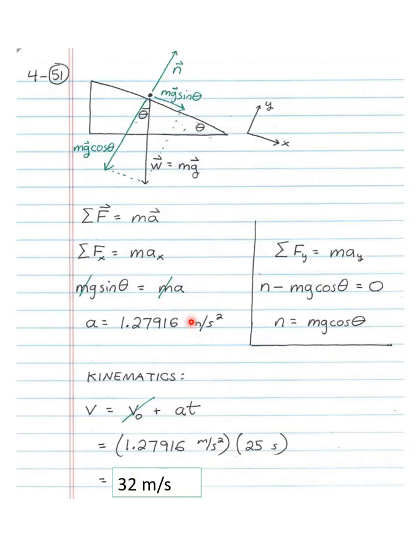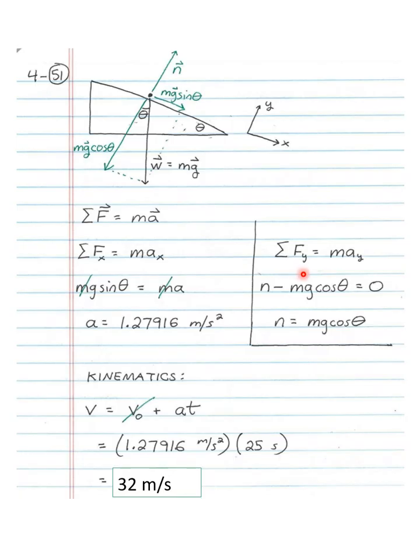Now, by the way, it's not going to be relevant to solving this problem, but you should remember that any vector equation is a bunch of scalars rolled into one. And so let's do F equals ma in the y direction. Again, you've seen this in class, but just to see where it takes us. In the y direction, there's the normal force in the positive direction minus mg cosine theta, so gravity in the negative direction.